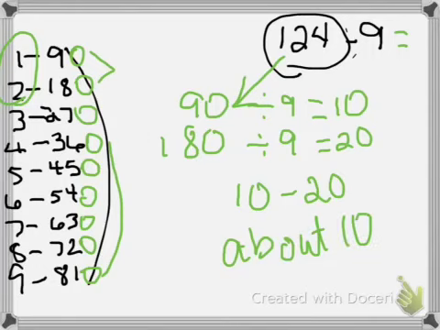Now, you could get more specific, like I said, and I could go up even higher down here and find that 124 divided by 9 is between 13 and 14, and it would be about 14. But this is good also to know that we can use just the first 9 multiples and come up with an about. Because honestly, 14 is pretty close to 10.